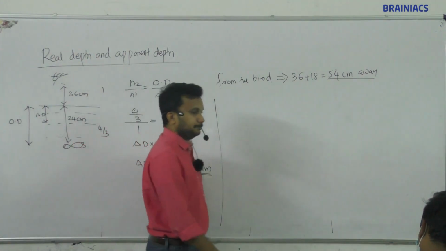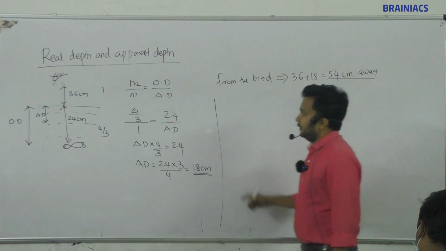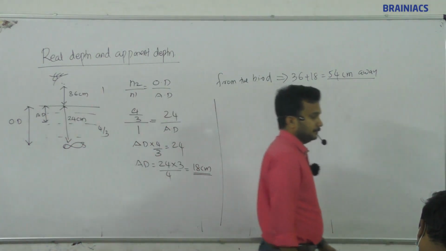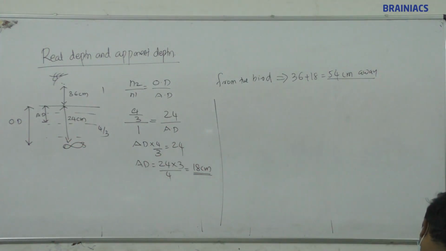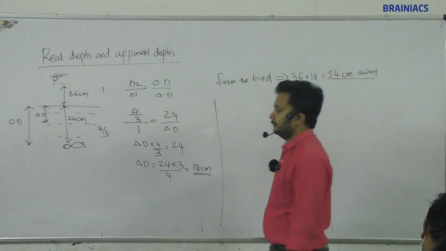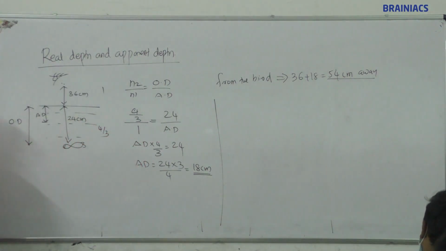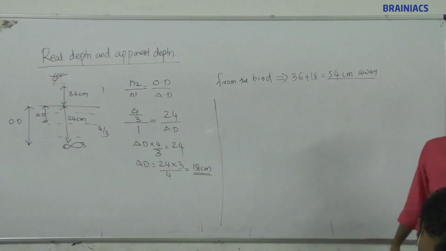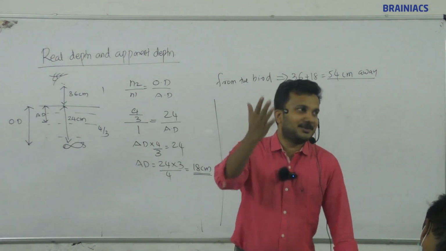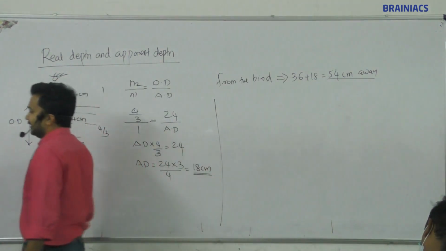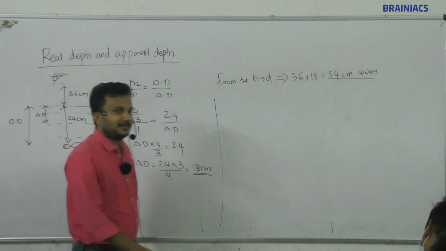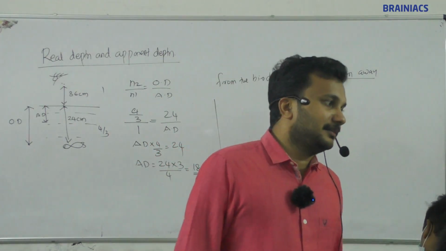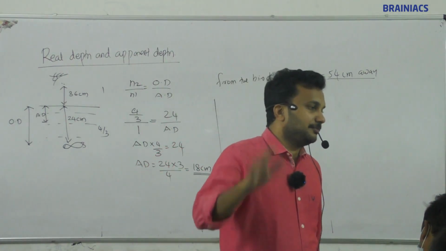And the next question. A bird flies over the water body. The bird is at a height of 36 centimeter from the surface of water, and the fish is at a depth of 24 centimeter from the surface of water.